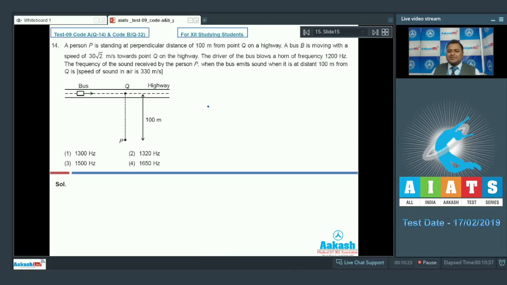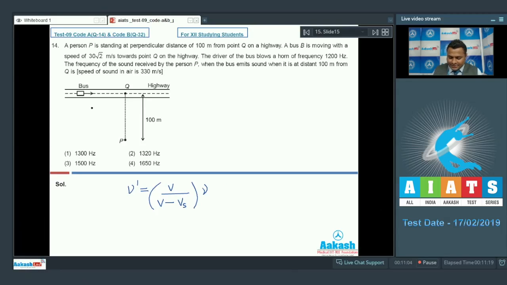Student, whenever there is relative motion between the source and the observer, the frequency of sound received by the observer is different from the actual frequency of the sound produced by the source, and it is given by the expression: observed frequency V dash is equal to the speed of sound in the medium, here the medium is air, divided by the speed of sound in the medium minus the speed of the source, whole multiplied by the actual frequency of the source.